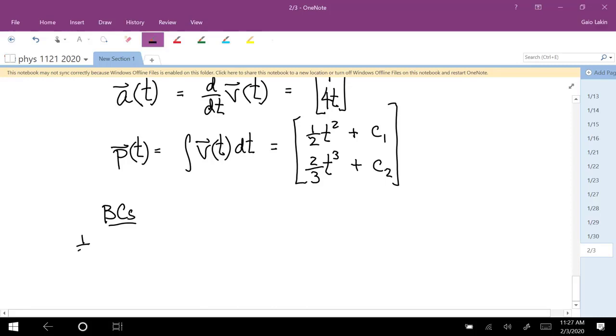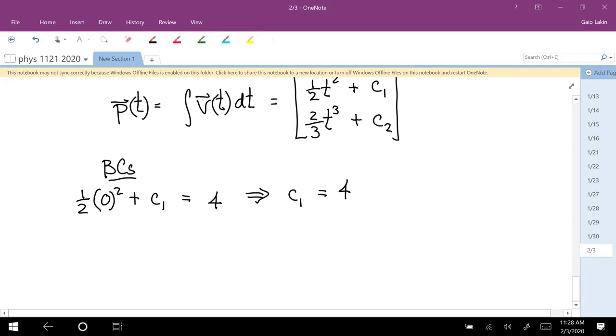So 1/2 times 0 squared plus C1 is equal to 4. In other words, C1 is equal to 4. So the x component of the position as a function of time is 1/2 t squared plus 4.